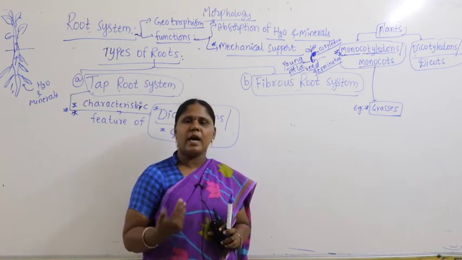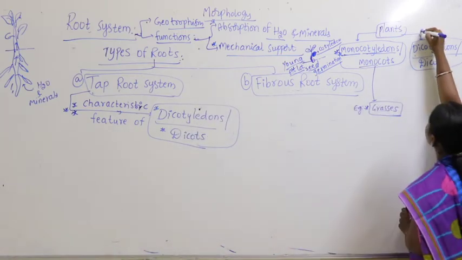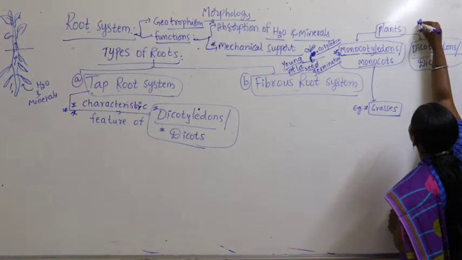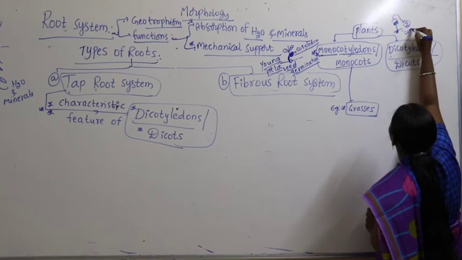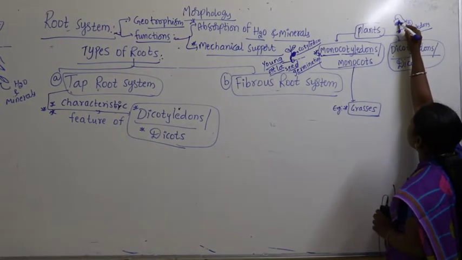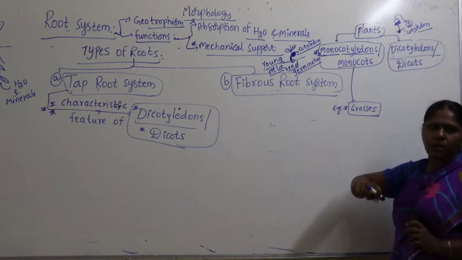Similarly, what are dicotyledons? Di means two. So here, when the seed is germinating, it produces two cotyledons like this. It contains two bud-shaped cotyledons at the very early stages of formation.